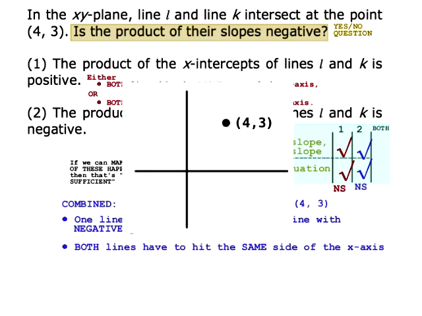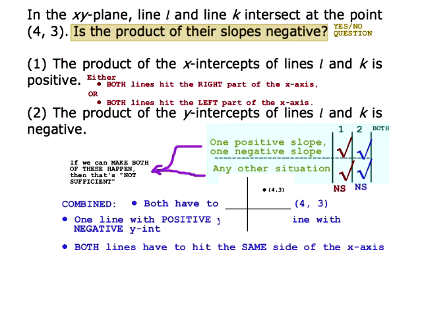So that's the other thing, right? Because statement 1 by itself is pretty abstract because it could allow for the x-intercepts to be 2 positives or 2 negatives. But remember, you have to have one line.